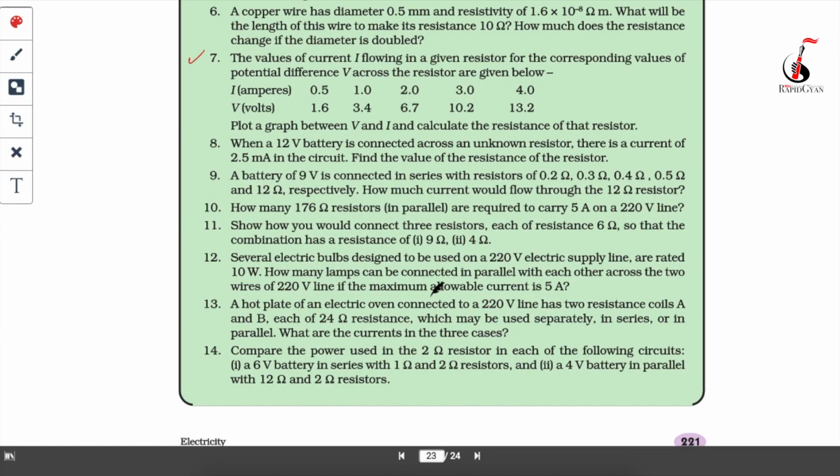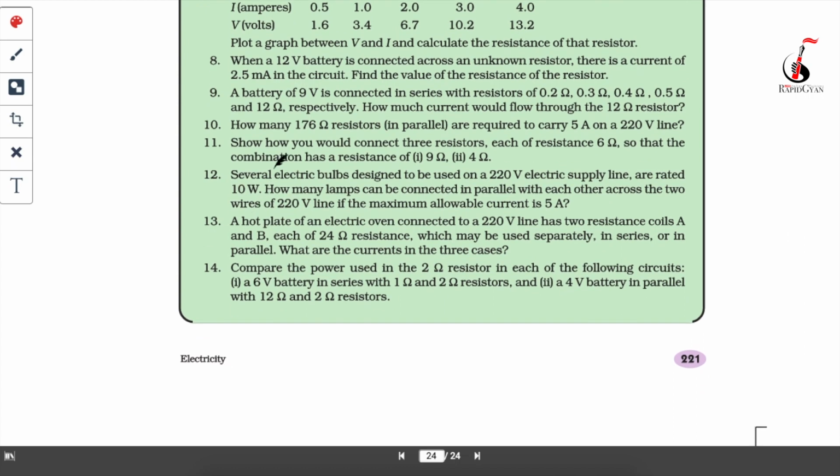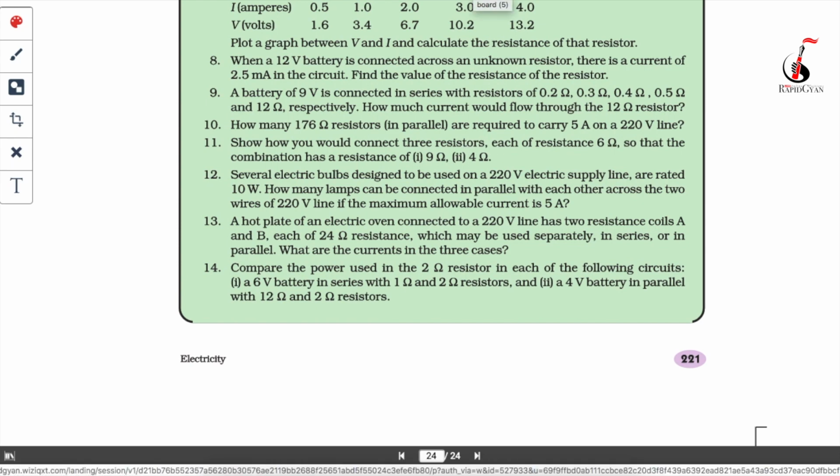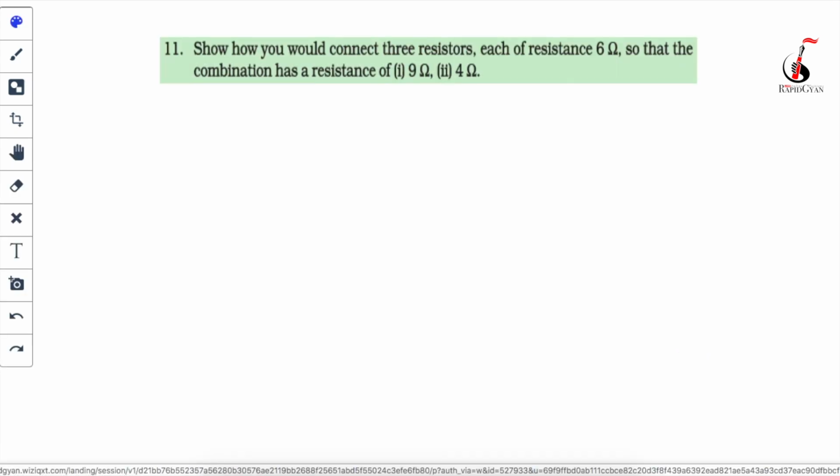Okay. Let's go to the next question. How would you connect 3 resistors, each of 6 ohm, so that the combination gives you 9 ohm and 4 ohm? Guys, if you remember, we have solved this kind of question in the examples also. Anyway, I will explain again.